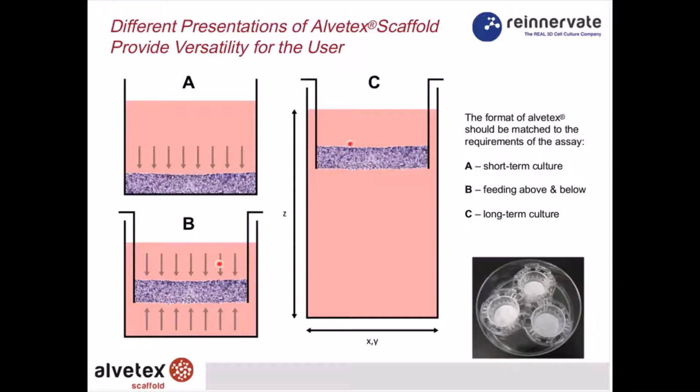In scenario C, we've developed this product, and this is a cradle which sits inside a Petri dish and houses 3 well inserts. And we've developed this so we can have a larger volume of medium to supplement the growth of the 3-dimensional cultures whilst they're growing inside the Petri dish.